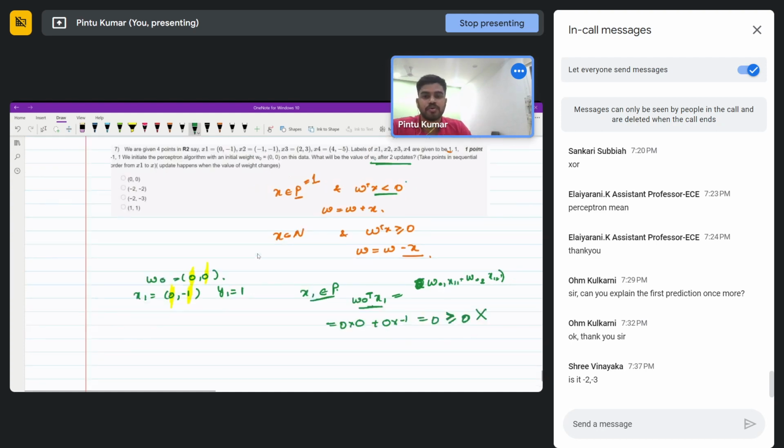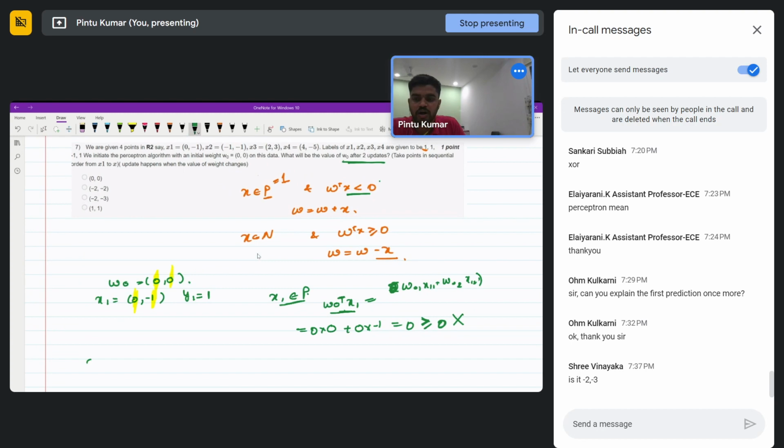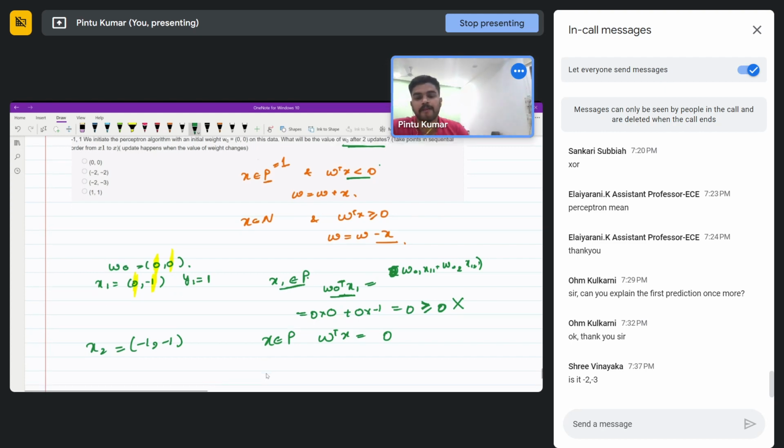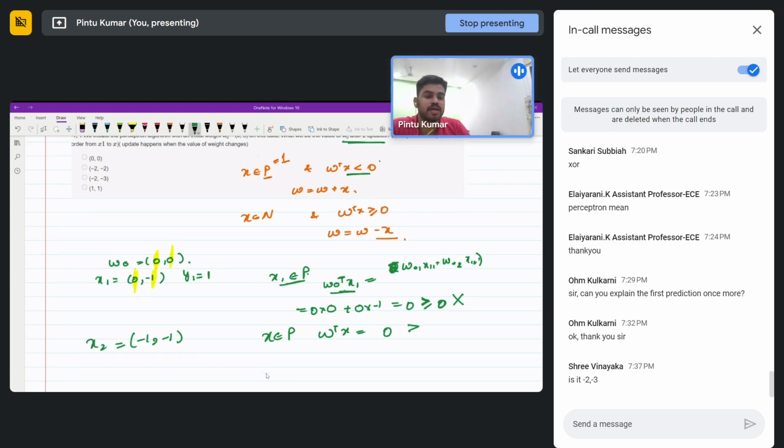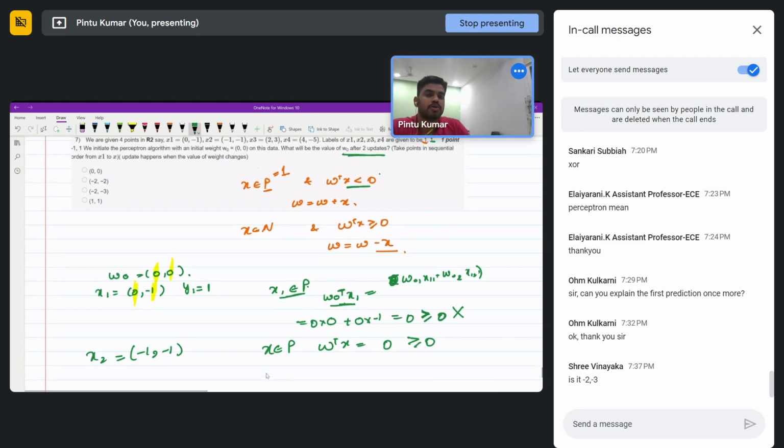Now my x2 is (-1, -1), and the label given is again 1, so x belongs to P. Again my W transpose x is 0 because everything is 0 in W right now. This is again greater than or equal to 0, so this condition was not satisfied, and I will not change my W. My W will stay as it is.